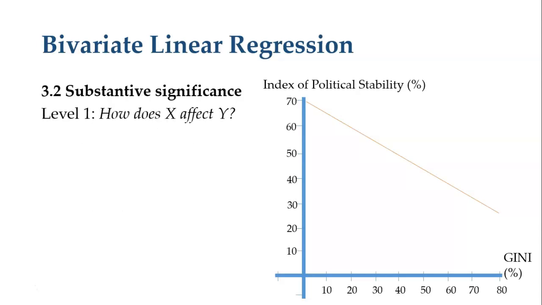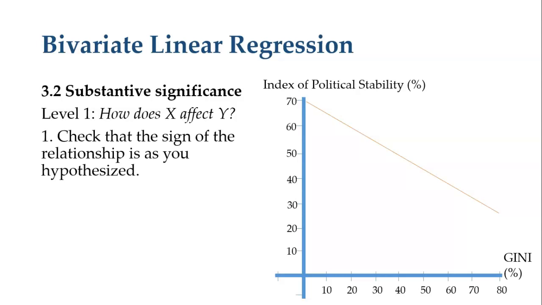The substantive significance is the question about how X affects Y. It's not does X affect Y, but how does it? And the first thing that we need to notice here is if the sign of the relationship is as we expected in the hypothesis.